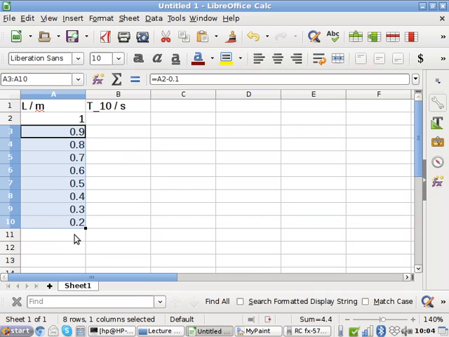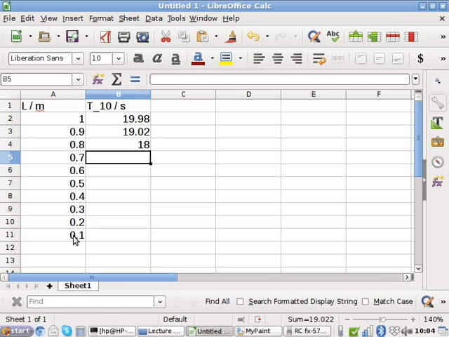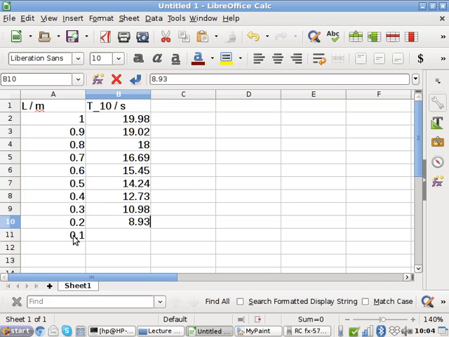Now the different times: 19.98, 19.02, 18, 16.69, 15.45, 14.24, 12.73, 10.98, 8.93, 6.31.